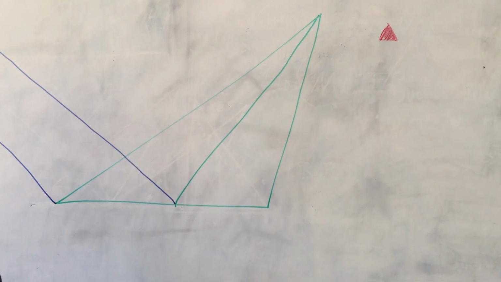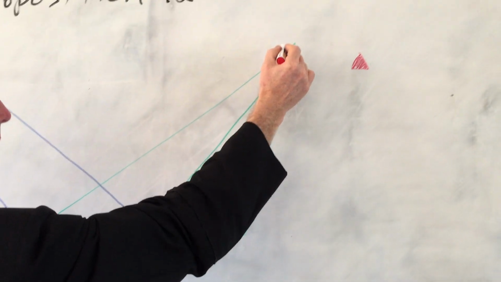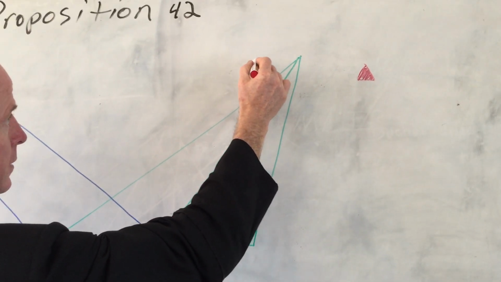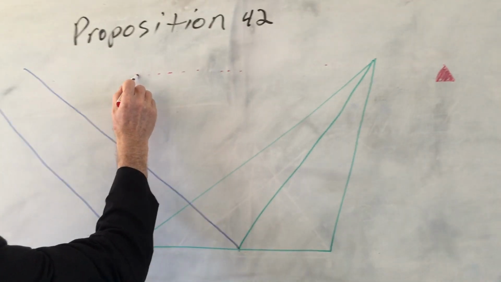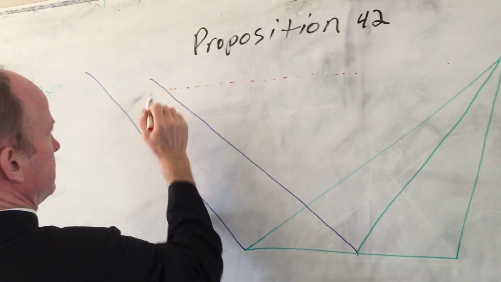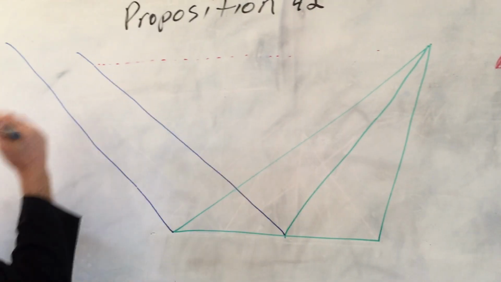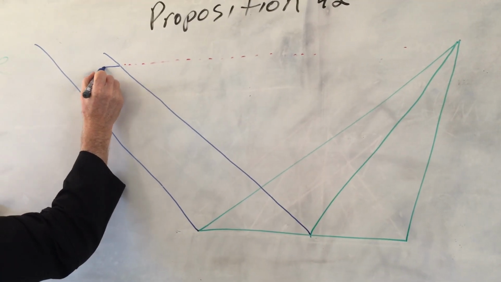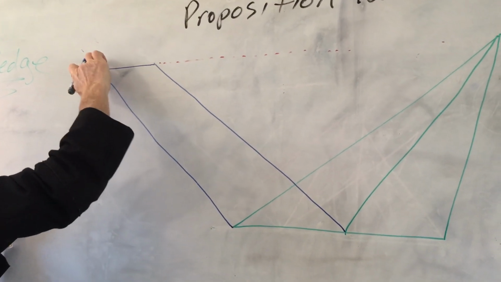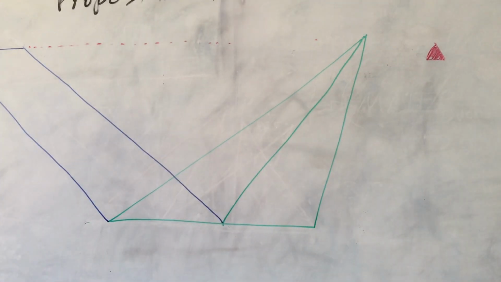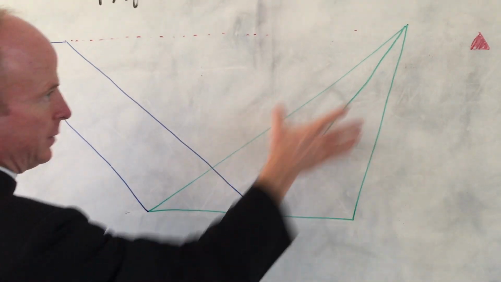We might as well use red. Okay, I'm going to draw a line parallel to this line. Okay? And then extend it. Keep extending it to where it cuts these two. Okay? So now the rest of the prop is me showing you that this is equal to this.